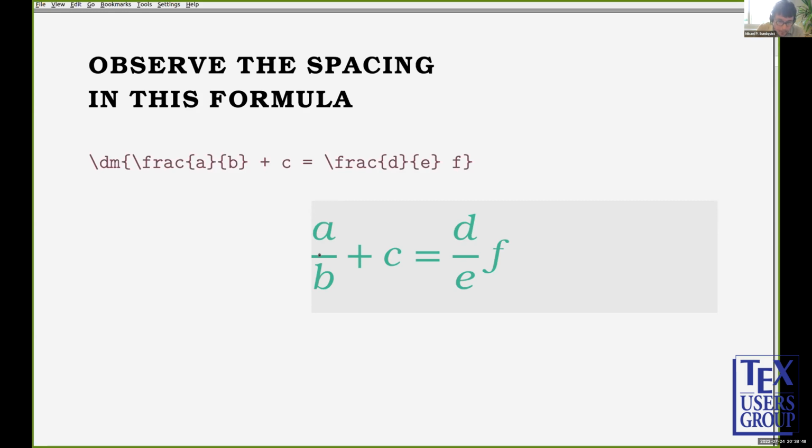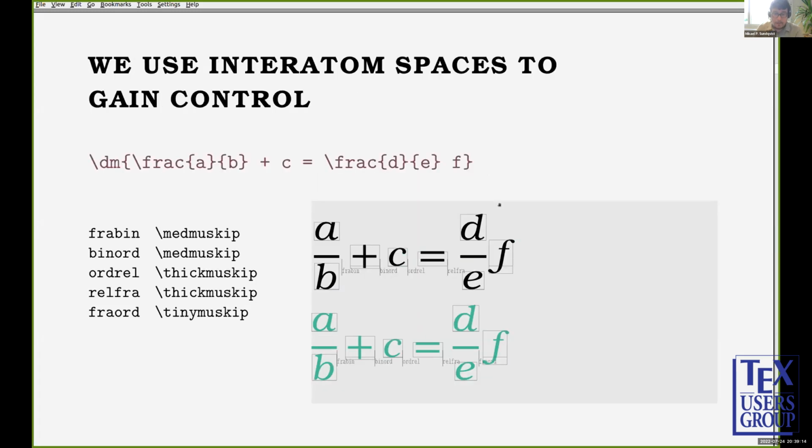So if we open everything up and add new classes like fractions, and we will see more of them later, then we can set up the space between these classes more granularly. So here we have the fraction. If it stands in the beginning of a formula, there is no space. Then we have a fraction binary space, of course, and then a relation fraction space, and in the end, there is also a fraction ordinary space.